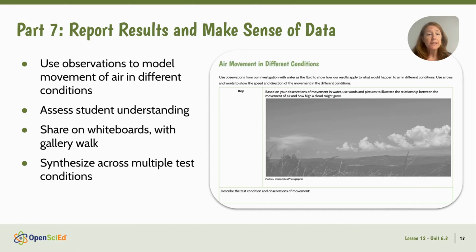This is a great time to assess student understanding, being able to walk through and see them. The kids are going to have to synthesize what they see across all the different groups in here. So doing this in a way that's visible, either having the kids do it on big whiteboards or on small pieces of paper and then through a gallery walk, lets them see what other students have figured out.